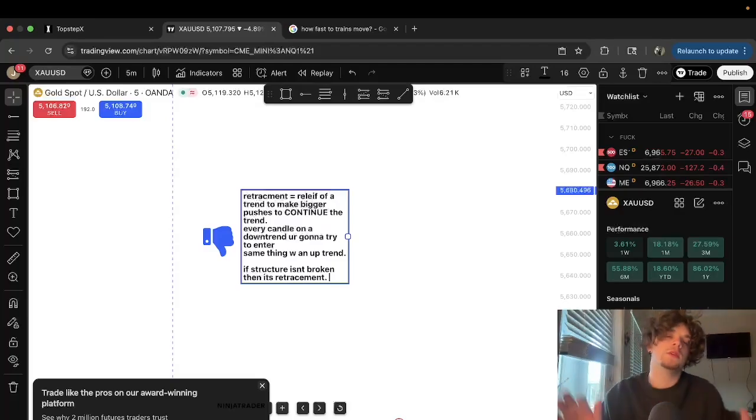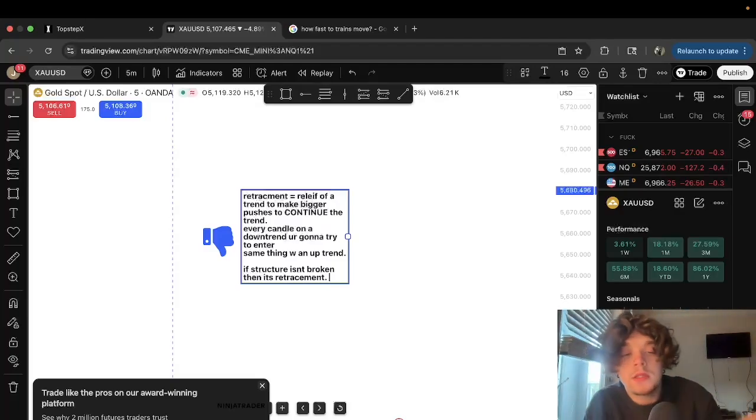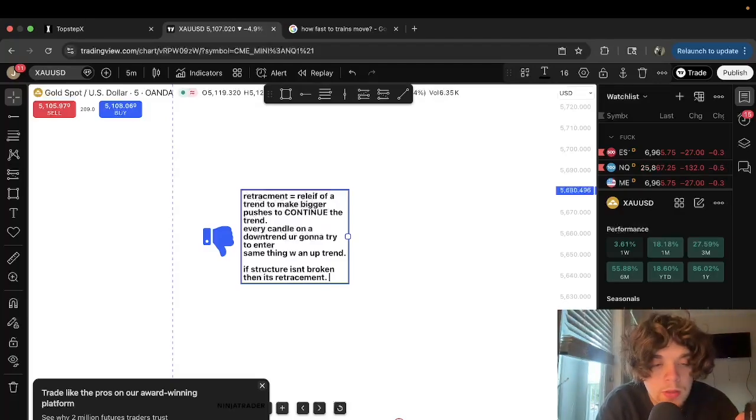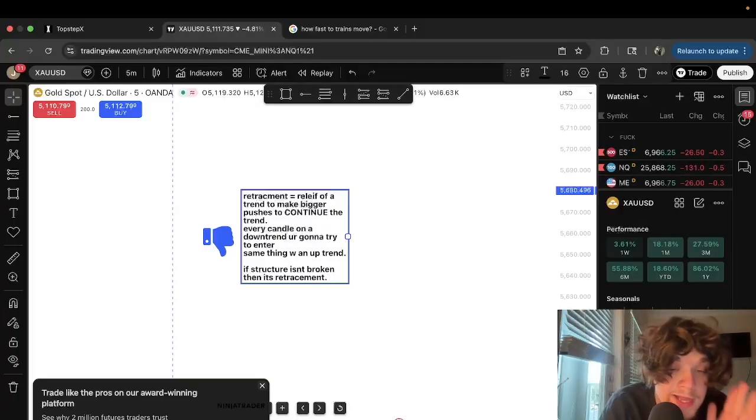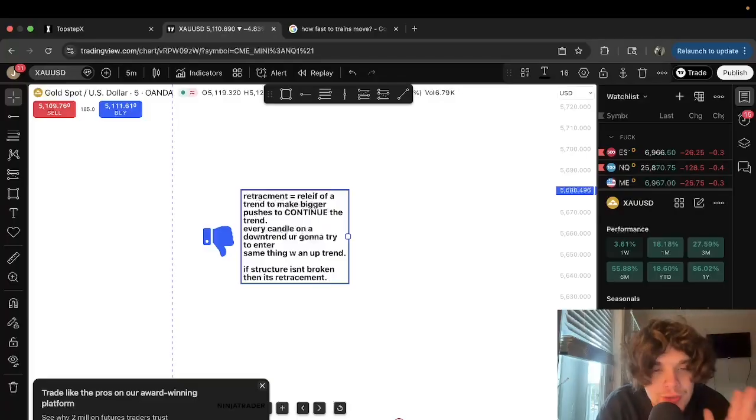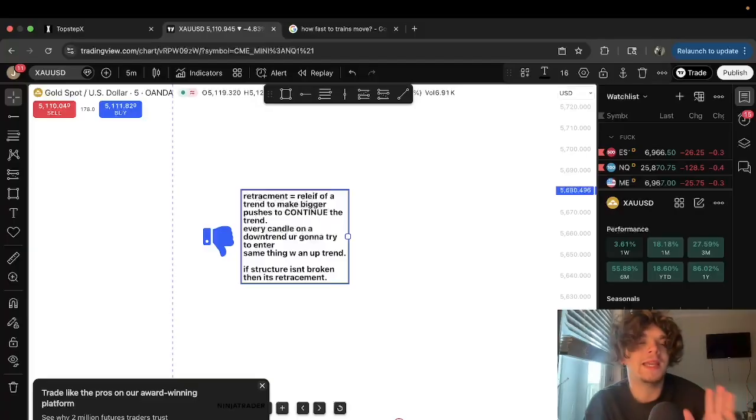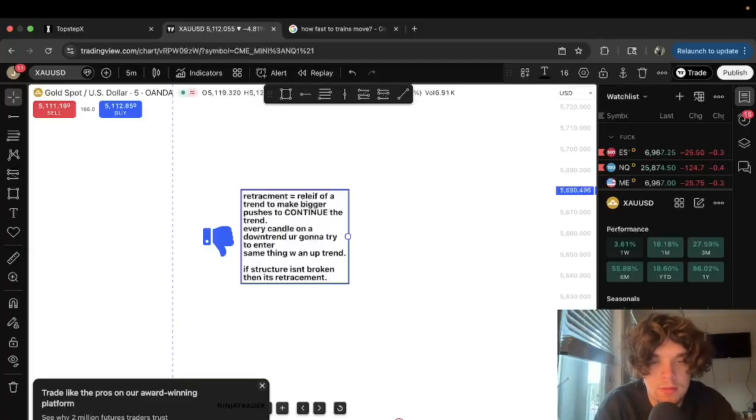Other people might say otherwise, but that is literally one of the main things I've noticed: structure is not broken, it's retracement. It doesn't matter how it looks. It can be crazy. If structure does not get broken, it's just retracement. It cannot be anything else because structure was not broken.